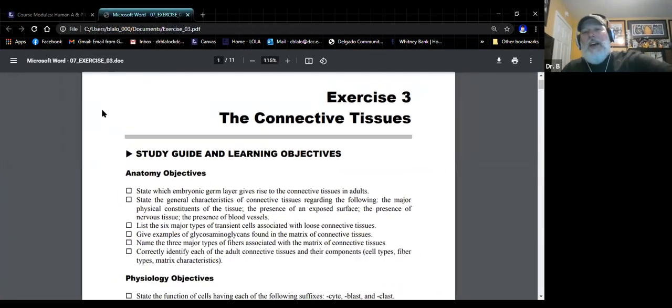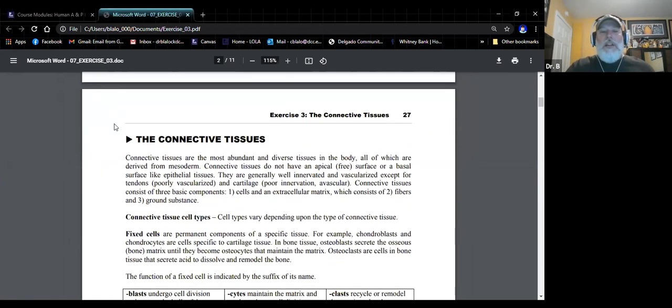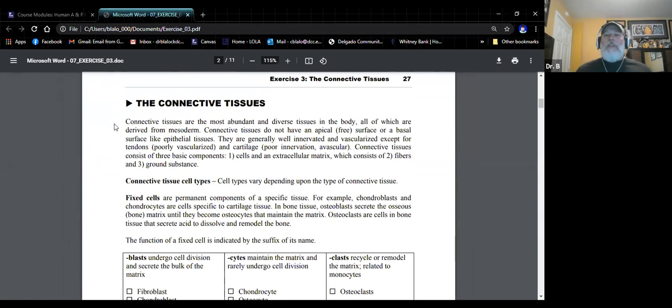Today's lab doesn't have as much physiology background that we're going to talk about ahead of the identification. But we do have to talk about some of the characteristics that we see that are specific to connective tissue. When we talked about epithelial tissue, we talked about cells being packed very tightly close together.